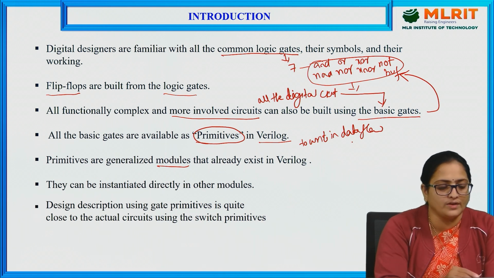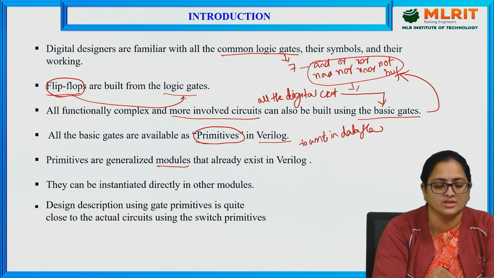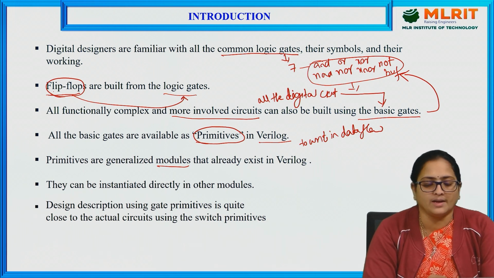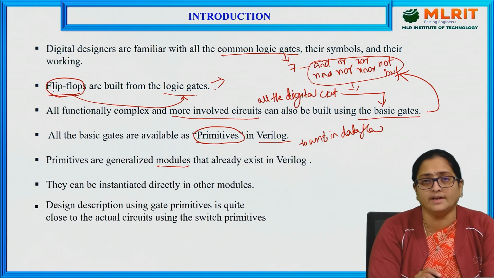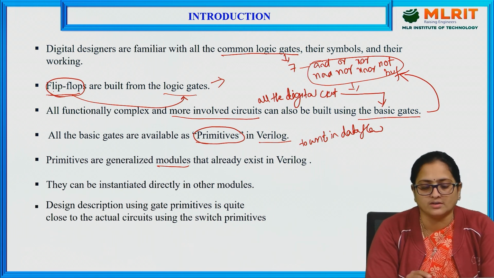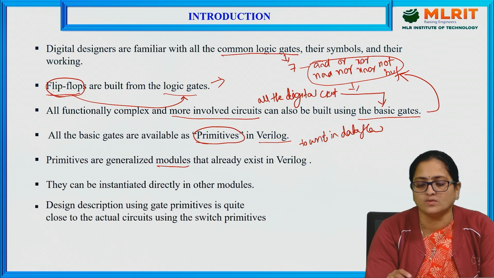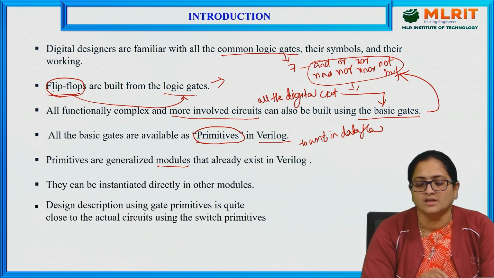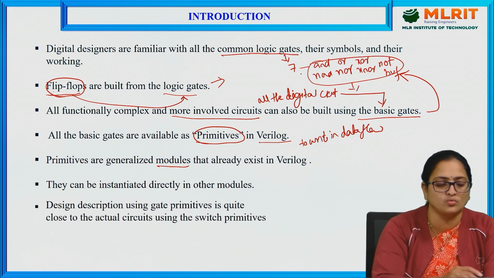Just now we discussed that flip-flops are built by using logic gates. Every time, it's not easy or flexible to write the code for these gates. So if we have these gates as primitives, we can readily use them to write the flip-flop code.